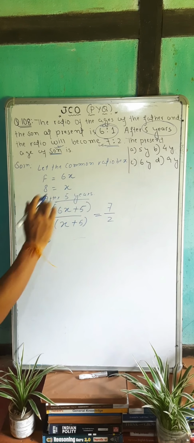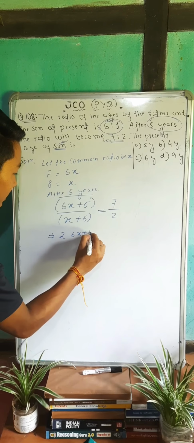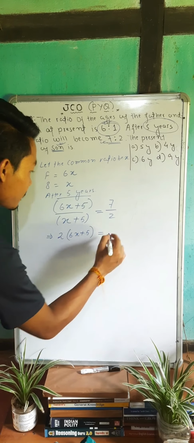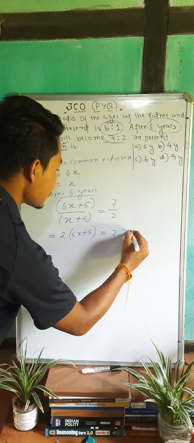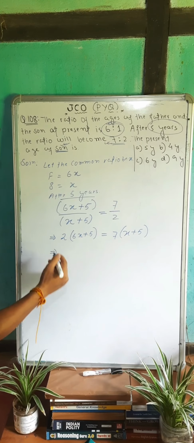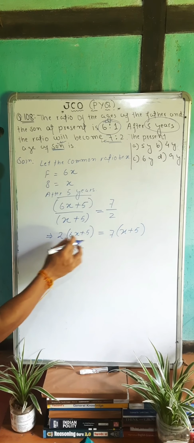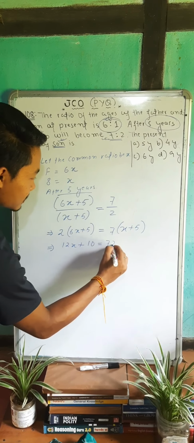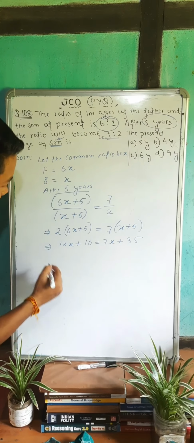Now what can we do? We can do cross multiplication. 2 times (6x plus 5) equal to 7, carrying this to the right hand side, it will become (x plus 5). Now 2 6s are 12x plus 2 5s are 10. 7 into x gives us 7x plus 7 into 5 gives us 35.